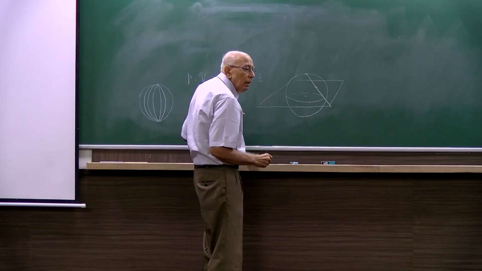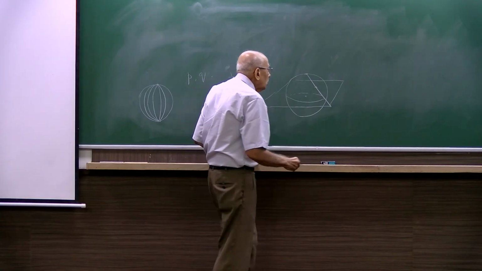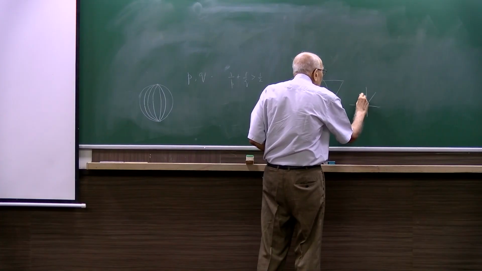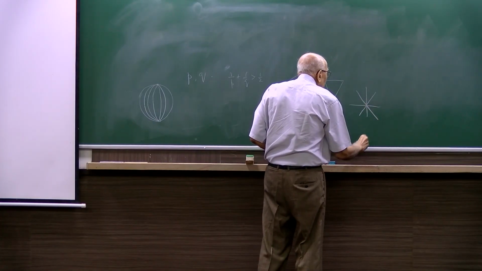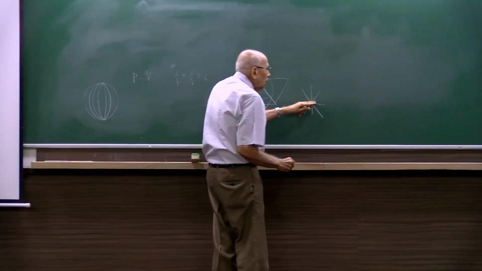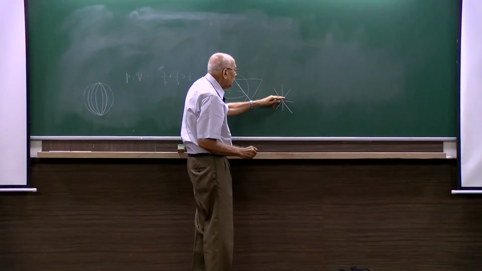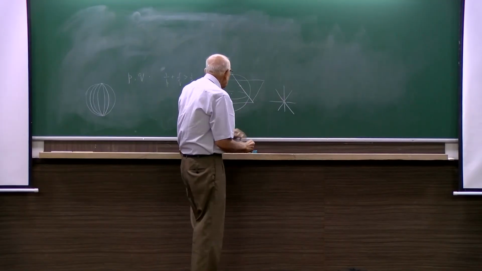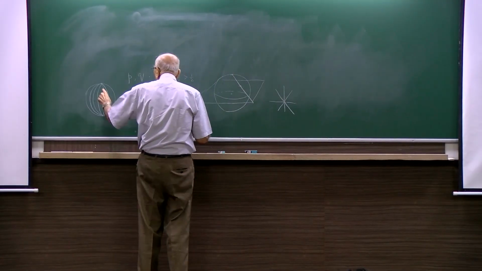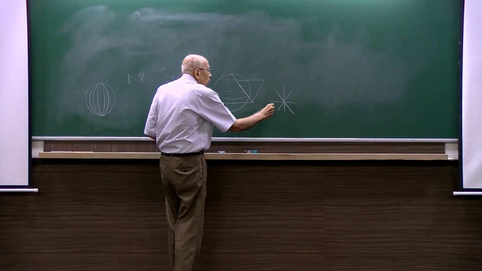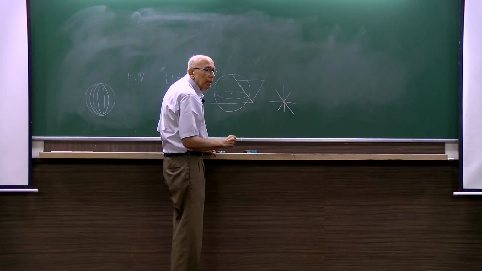Then if you look at this kind of tiling, what you've done is to take the plane, and on the plane you've done this. At any arbitrary angle here, less than 360 degrees, you have rays from the origin. So the line of longitude will go from this point to this point. That corresponds to a straight line through the origin going all the way to infinity in the plane.